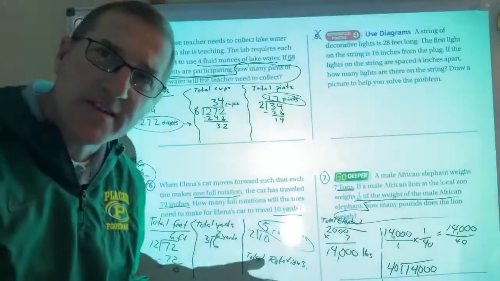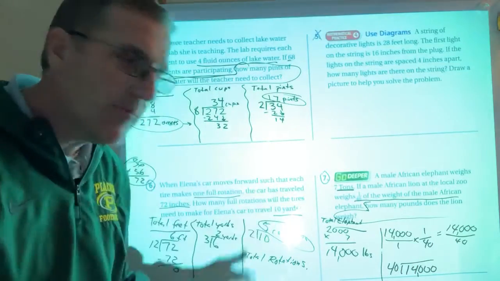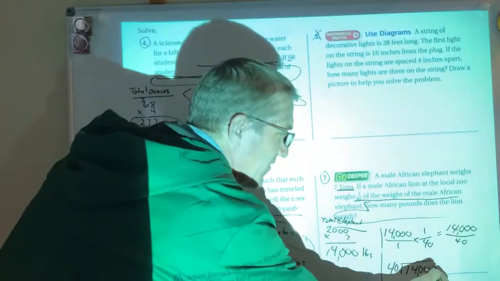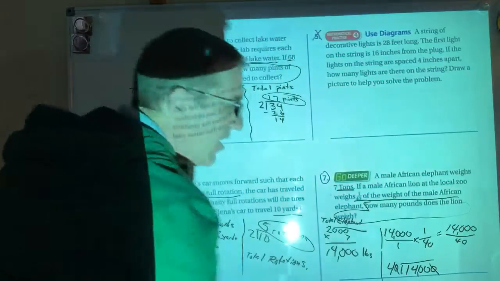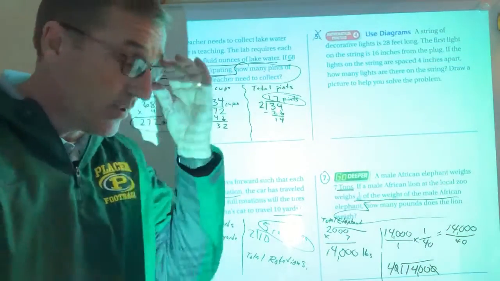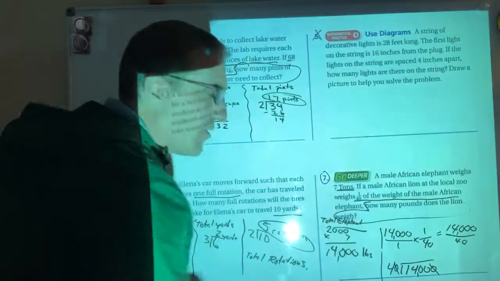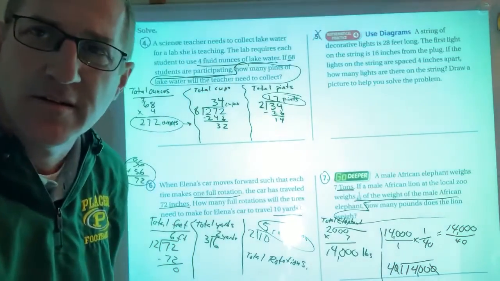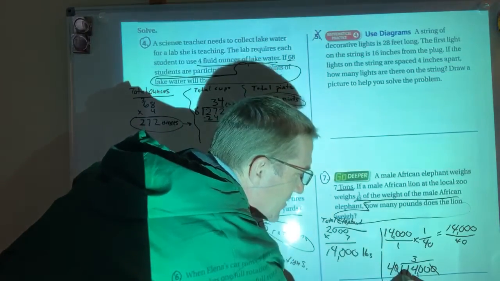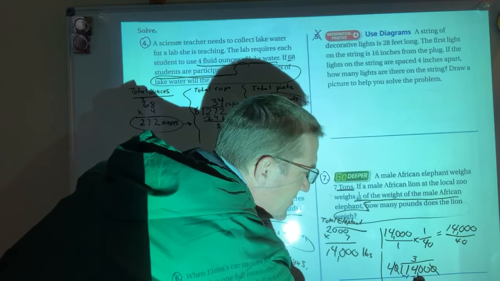Now this looks daunting maybe at first glance, okay? But what do I do with my zeros? Take them off, right? Not all of them, just one on each, right? So I'm gonna take off that 0 and that 0. So now I have 1,400 divided by 4. That's a lot easier to work with. I'm just gonna take 4 into 14, goes how many times? 3. So I'm gonna put my 3 there. I'm gonna subtract 12. That leaves me with 2.